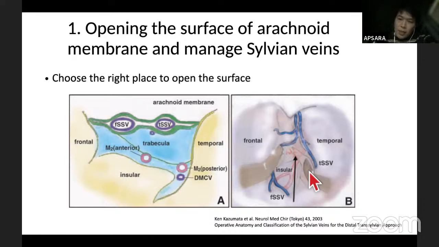The left side vein belongs to the frontal lobe in this picture, and the right side vein belongs to the temporal lobe, basically. So you can start in the middle area if you can. But it depends on the situation. You can choose another point, and you can change the opening area if some vein is interrupting your vision.